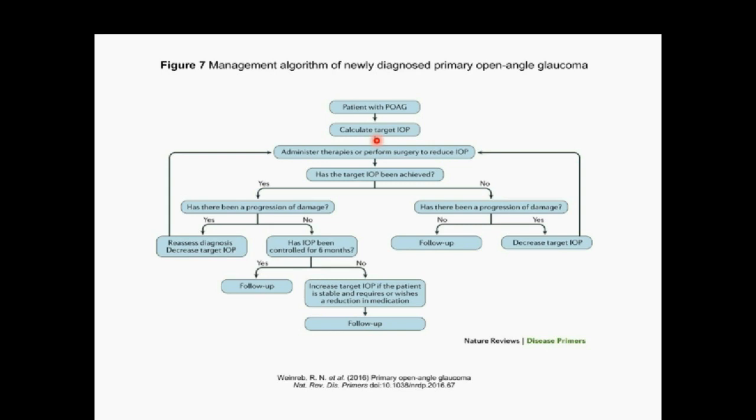If the target pressure is achieved, it's good, and you keep the patient on that medication and then review the patient at a reasonably good time, that is 6 months, with the visual fields. If there is no deterioration in the visual field, you continue with that same medication.